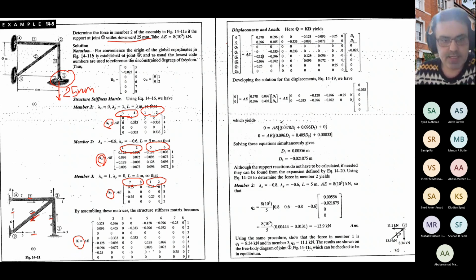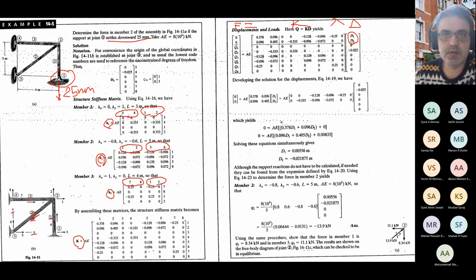Again, for this big matrix, you can write the famous relationship F equals K multiplied by delta. D1 and D2 are free. They are free to move and they correspond to joint number 2 here.